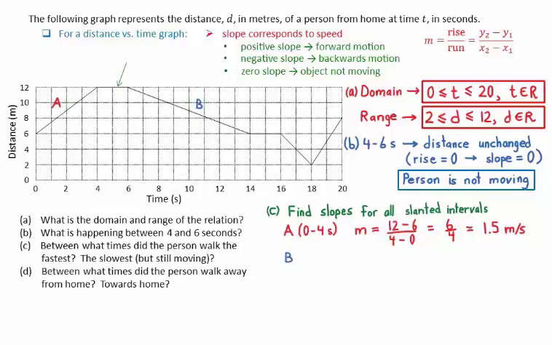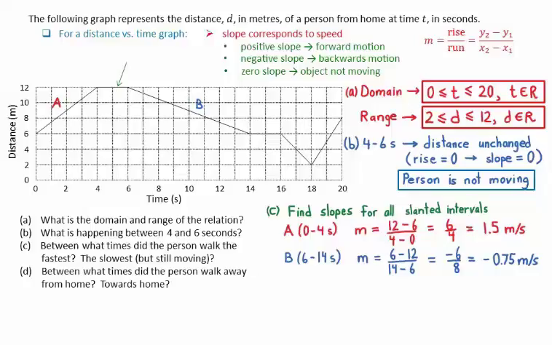For segment B, this occurs between 6 and 14 seconds. Again, we figure out the slope as the change in the distance, this time 6 minus 12, divided by the change in the time, 14 minus 6. This gives a result of negative 6 over 8, or negative 0.75.